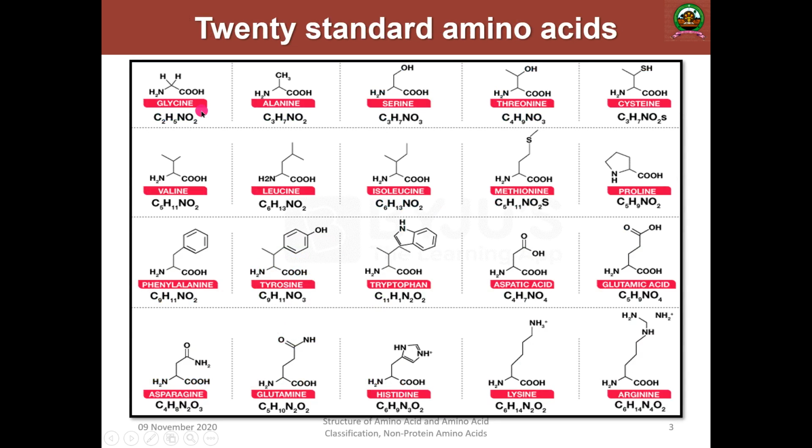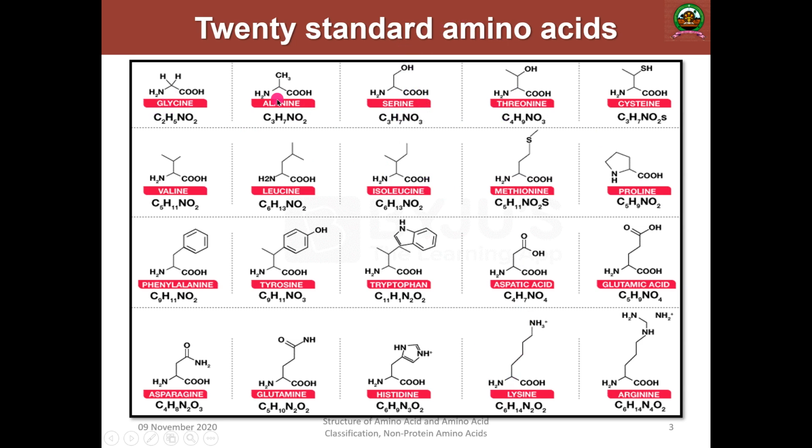As we have discussed, there are 20 standard amino acids. These amino acids are represented by the full name, the conventional name, a 3-letter code and a single letter code.